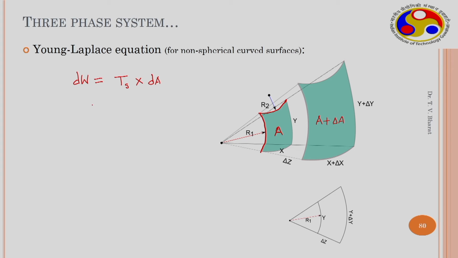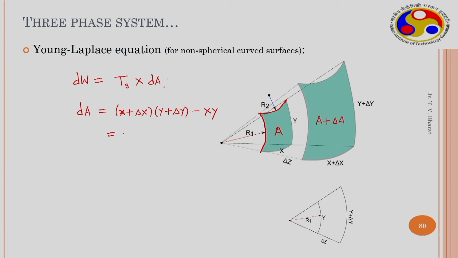So you can estimate what the small area is. The change in area is nothing but x plus delta x, sorry I am using capital X, x plus delta x times y plus delta y, minus x times y. This is the change in area from this segment to this segment.